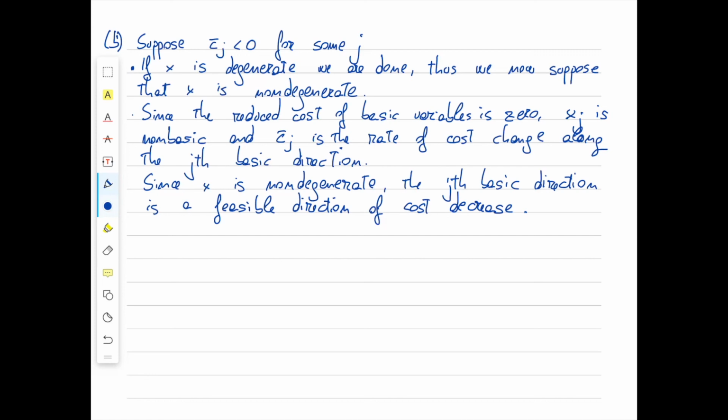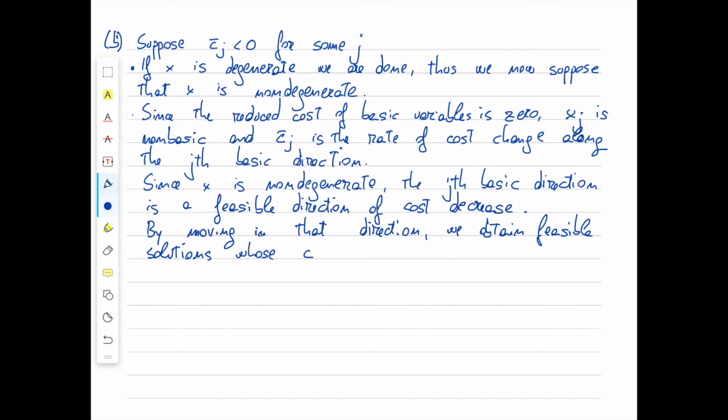So let me write this last argument. By moving in that direction, we obtain feasible solutions whose cost is less than that of x.